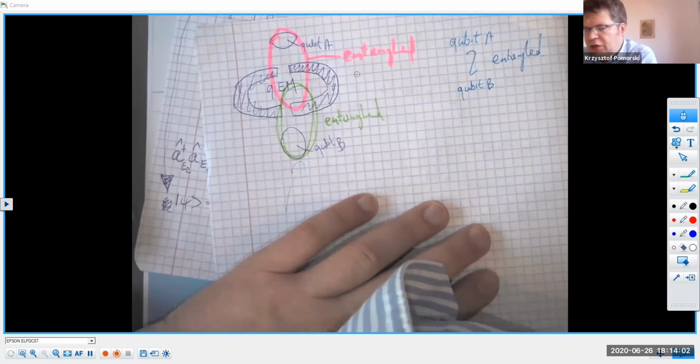And this teleportation is a basic kind of feature of quantum communication. Whenever this teleportation is taking place, there is a possibility for quantum teleportation.